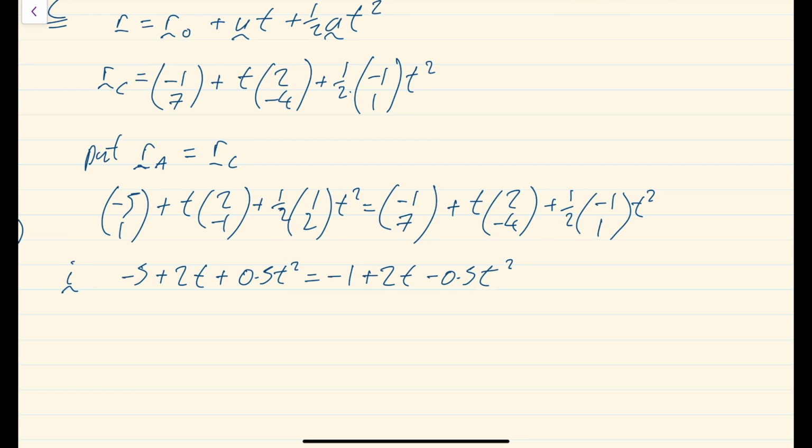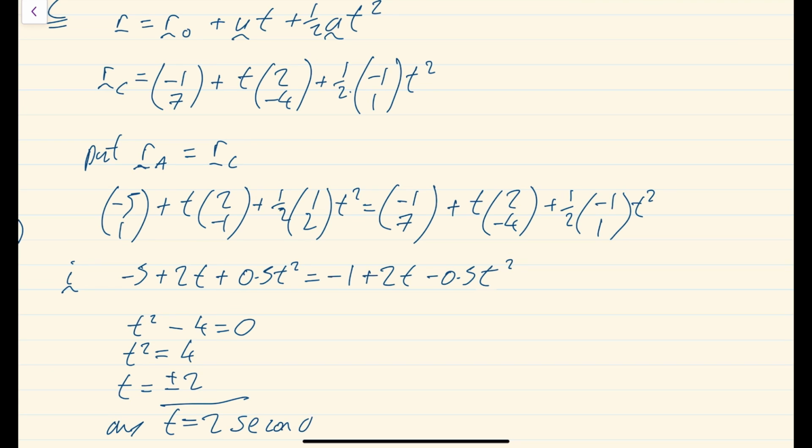Let's bring everything to one side, all the t squareds to one side. To the left-hand side, you'll have t squared minus 4 is equal to 0. Okay, very good. t squared minus 4 equals 0. That means t squared is equal to positive 4. That means t is equal to plus or minus 2. So your answer, t is equal to 2 seconds.